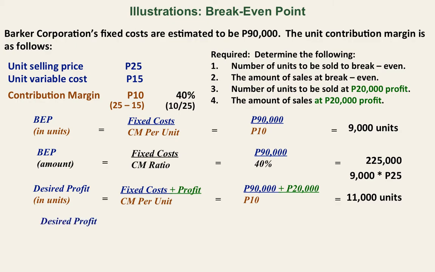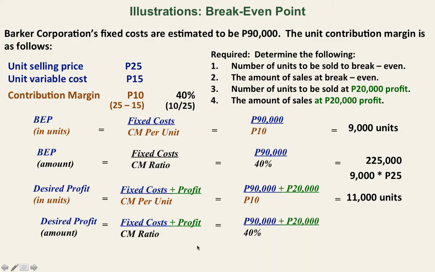And for the amount of sales, same, but the denominator is your contribution margin ratio, will give you 275,000. And since you already know the selling price per unit and the number of units, you can just multiply 11,000 times 25. You will also get 275,000.